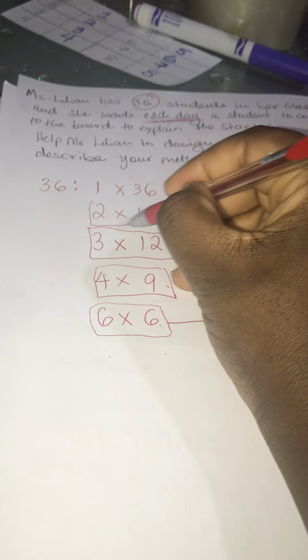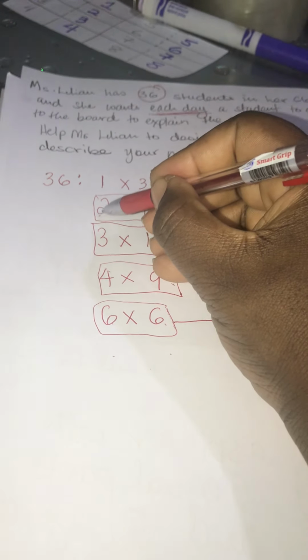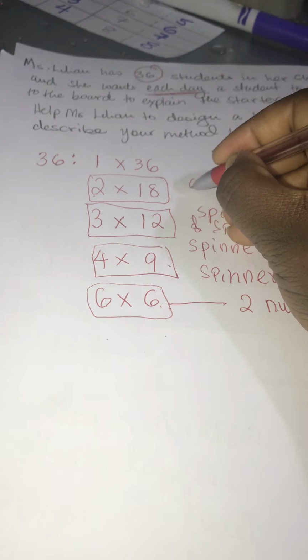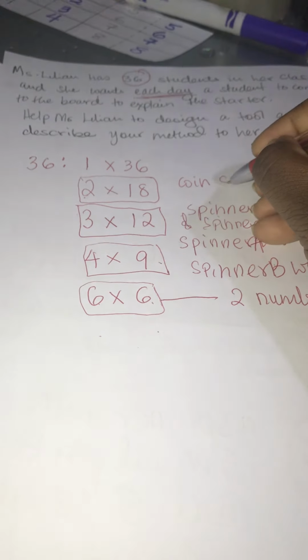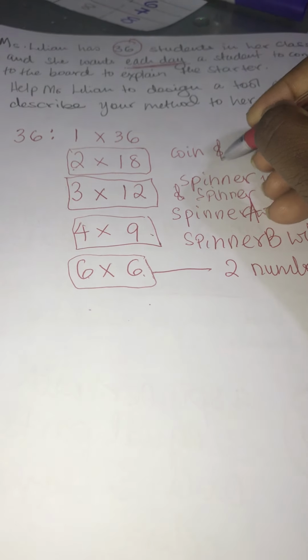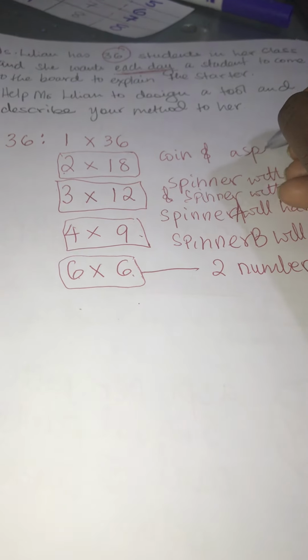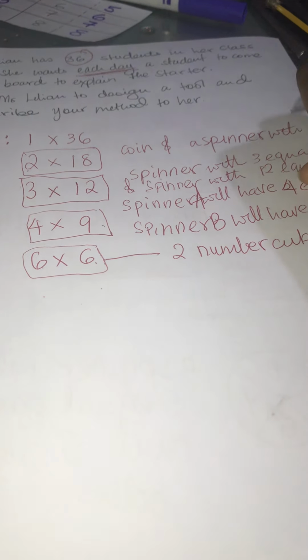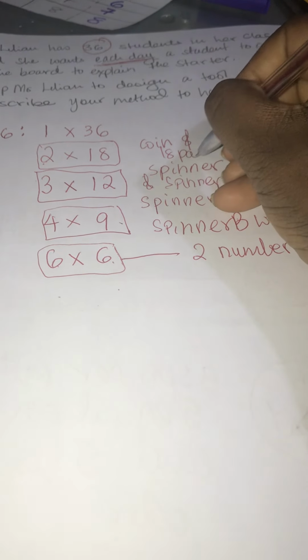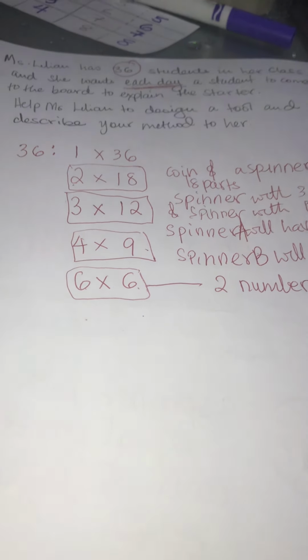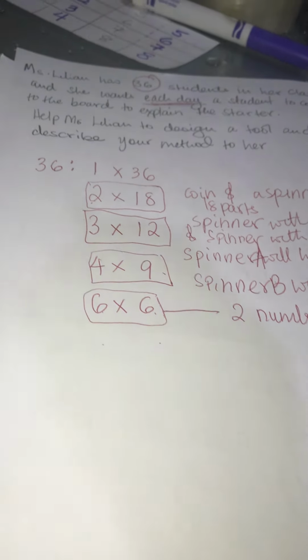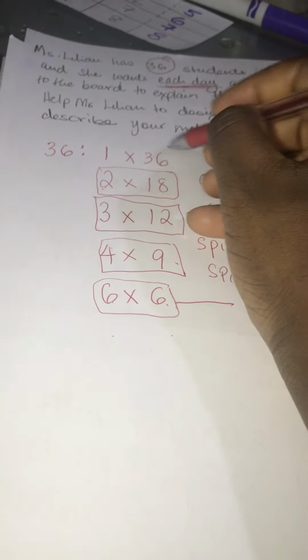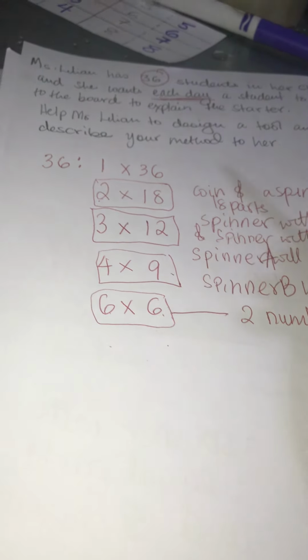Okay? Here I can use a coin because a coin has two. So I can use a coin and a spinner with 18 parts. Like that. Okay? I don't want one. So never choose the one with one. So choose every other number.